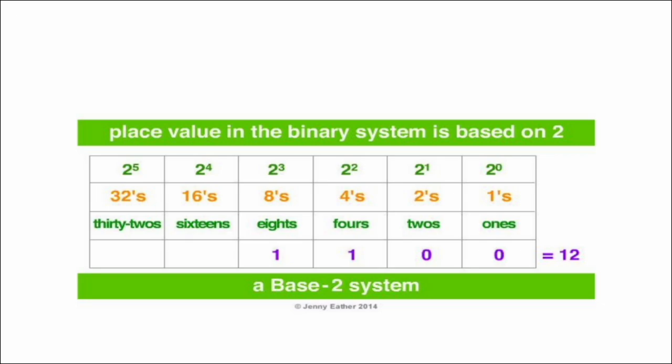Here you don't have anything beyond, so you need not worry. Finally, what are you getting? 2 square plus 2 cube, 4 plus 8, 12. That is the equivalent decimal representation of this binary number. That is the value of this number.